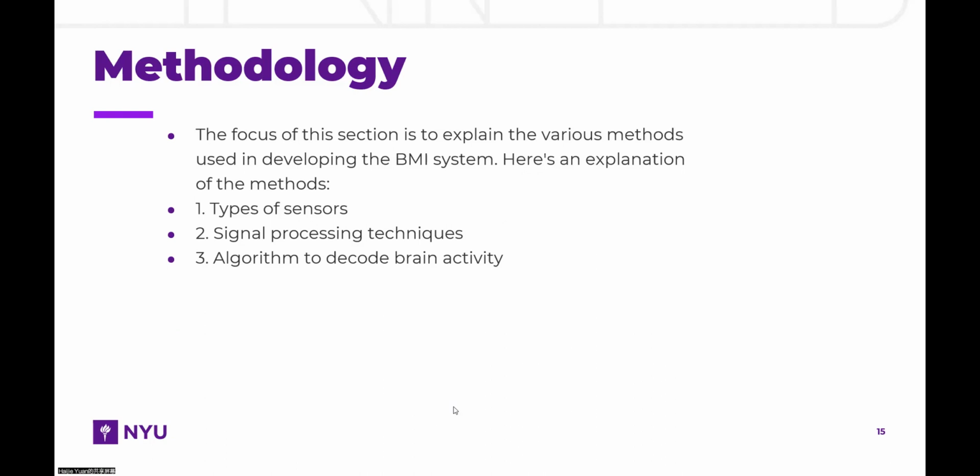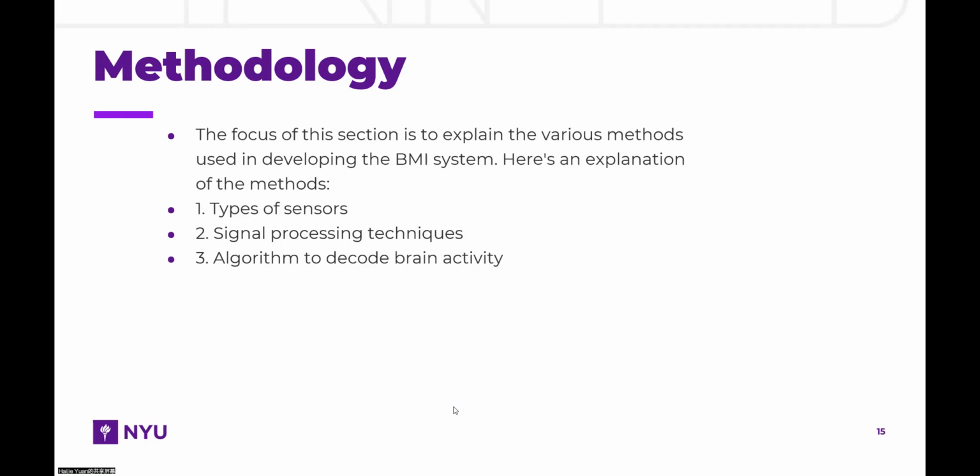And the third one is algorithms to decode brain activity. This part covers algorithms developed to decode brain activity based on the processed signals. These algorithms convert neural signals into actionable commands that can control external devices or provide feedback to the users.